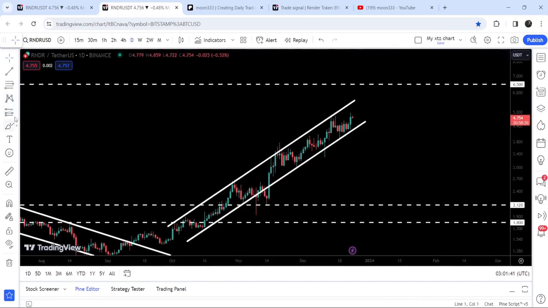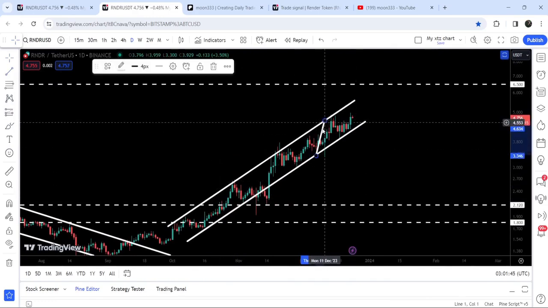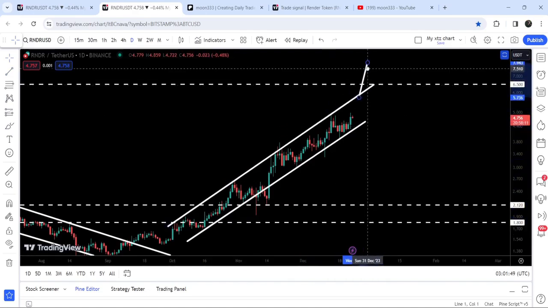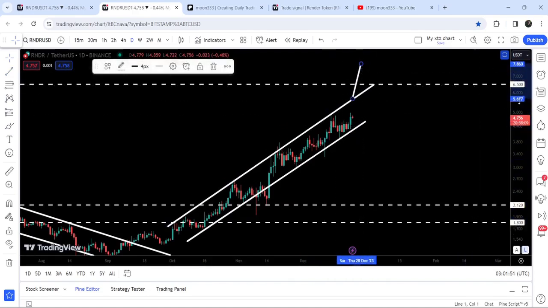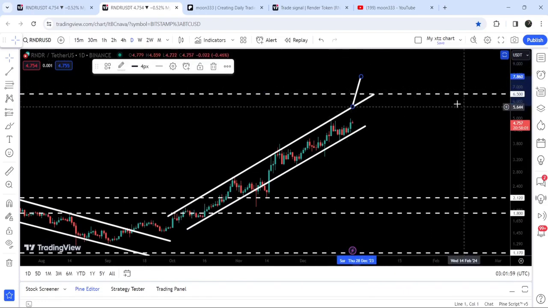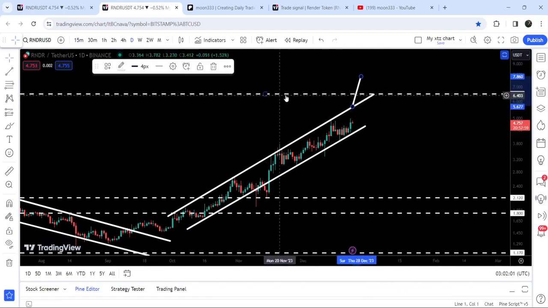And in case of breaking out the channel, the target to the upside depends on where it will break out the channel. For example, if it will break out the channel from here, from $5.67, then the target to the upside can be approximately at $7.86. And in that situation, we can break out a very long-term resistance of $6.50 as well.